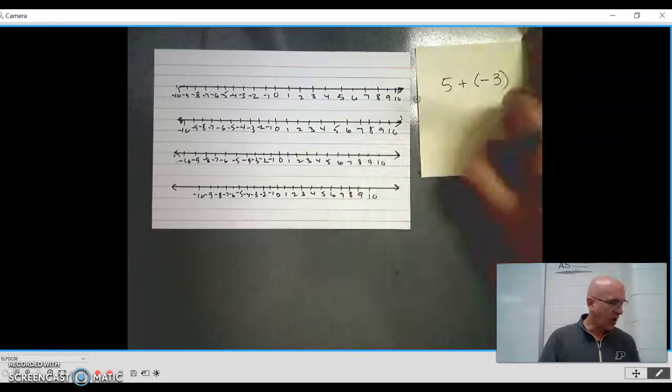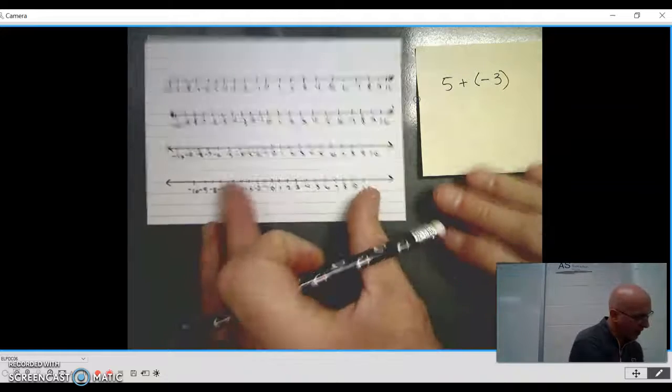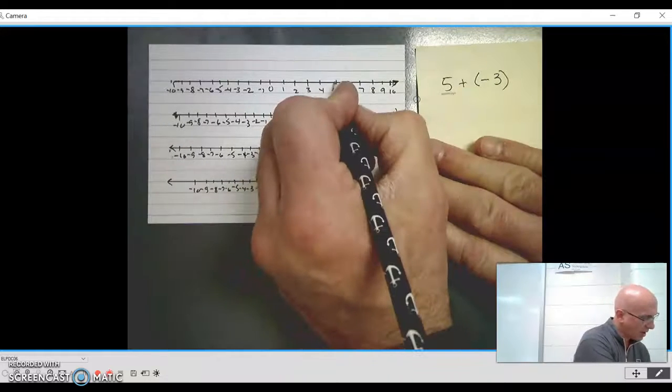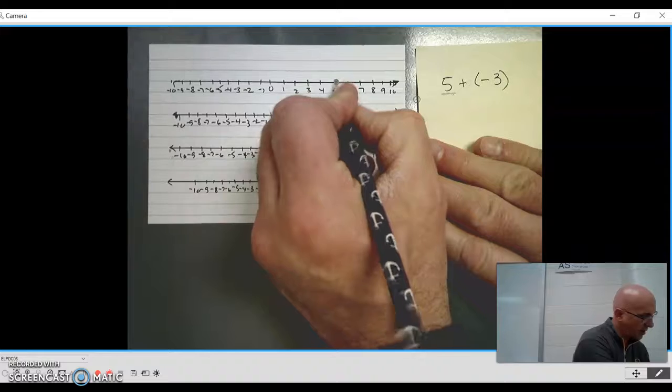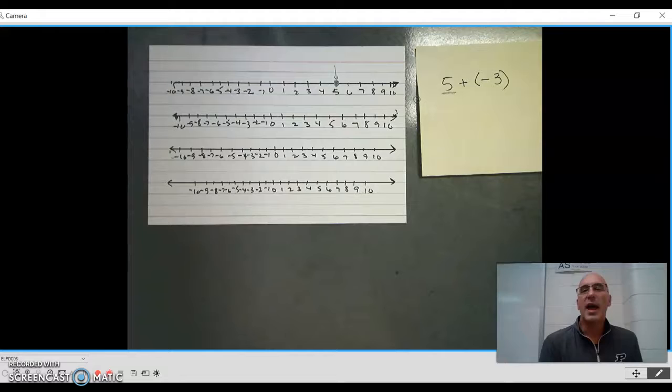First problem here I have 5 plus a negative 3. I'm going to do this on the first number line. The first number here is where you're starting. So I am starting right here on the 5. I'm just going to put a little arrow there. And then it shows that I am adding a negative 3.